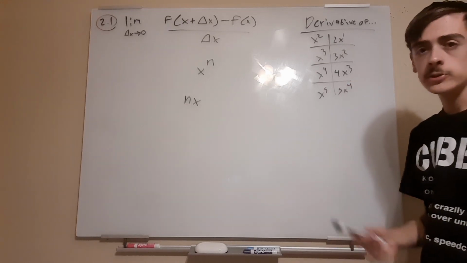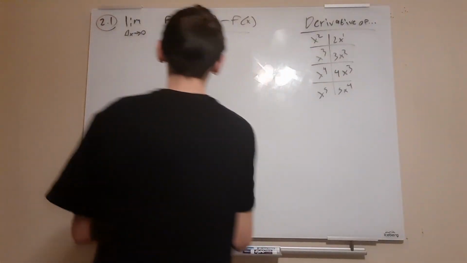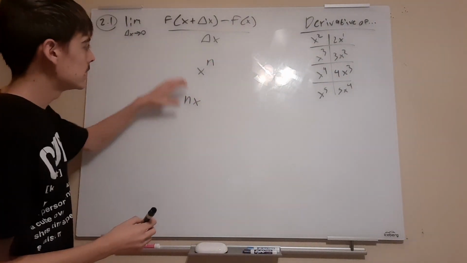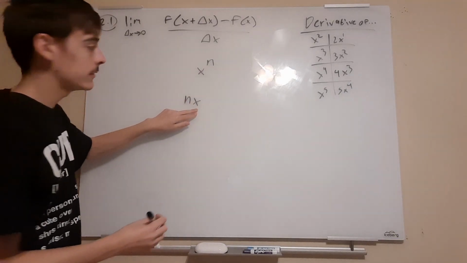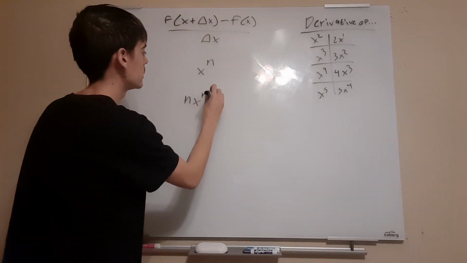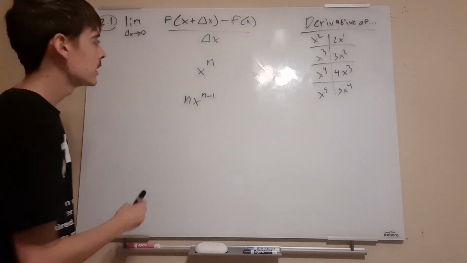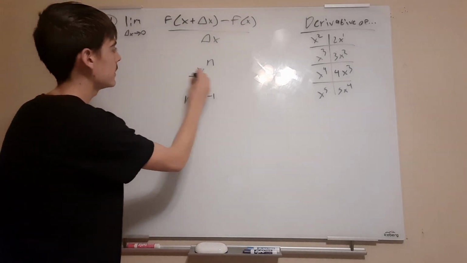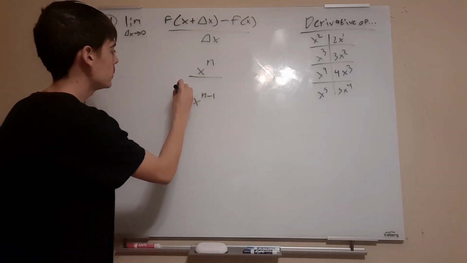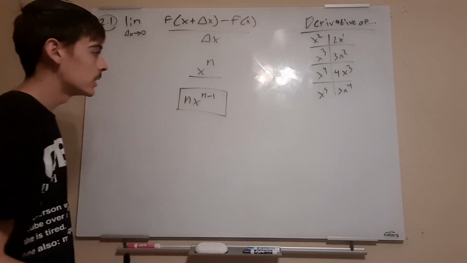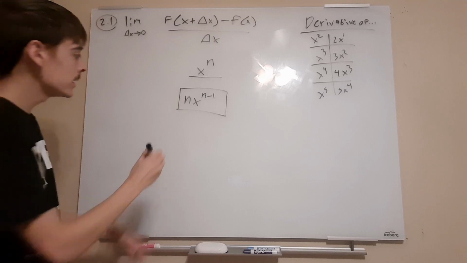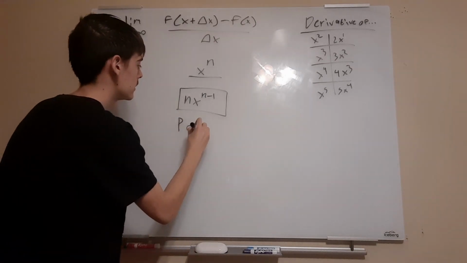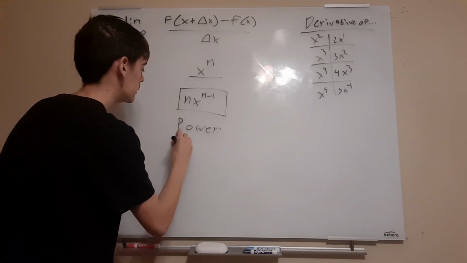So we're just subtracting 1 from their power, so that means if we were to go back to this example, deriving x to the n, the power of x after we differentiate will be n minus 1, because it's 1 less than before. So that means if we were to derive x to the n, our answer will be nx to the n minus 1. And this is our first main, very important derivative formula, and we call this the power rule.